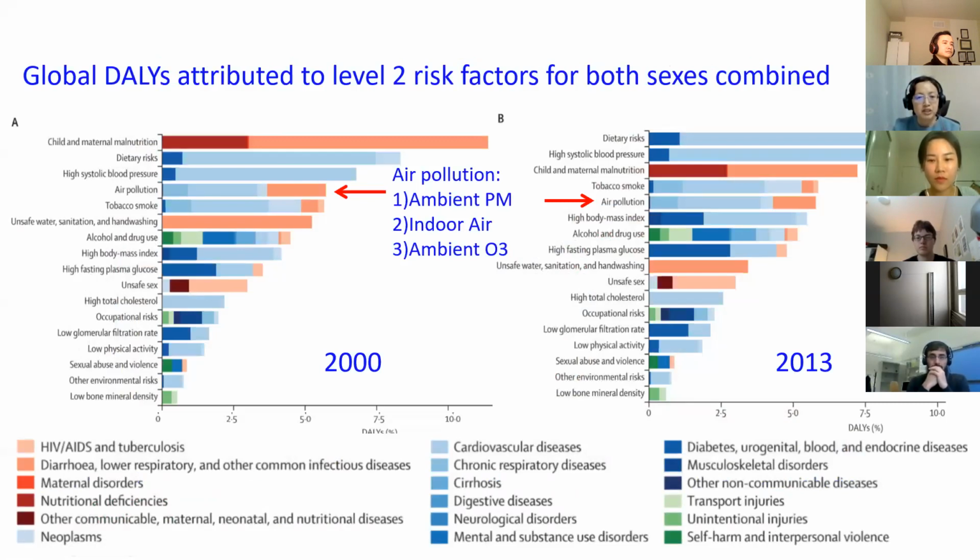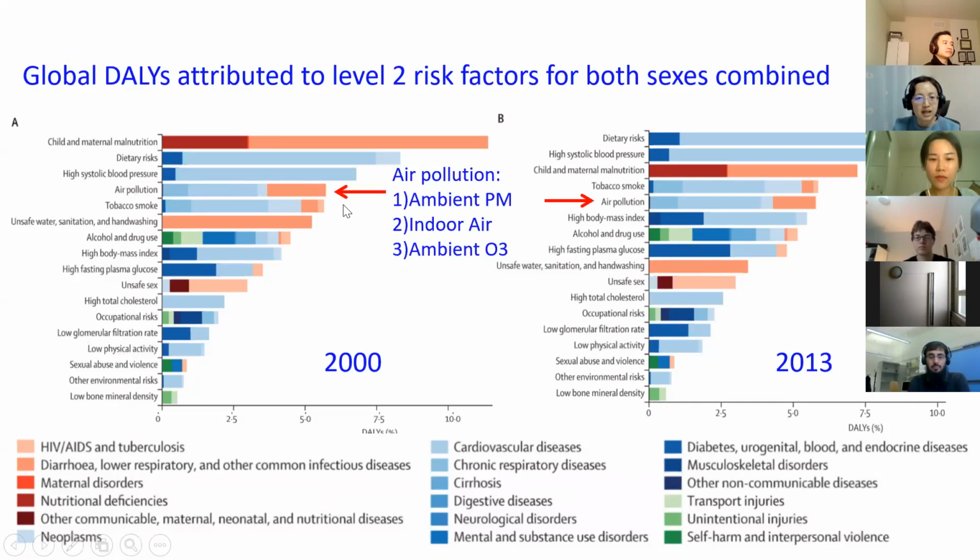And when we talk about health, this is a picture about the global deaths attributed to level 2 risk factors for both sexes. I compare 2000 and the global deaths in 2013.